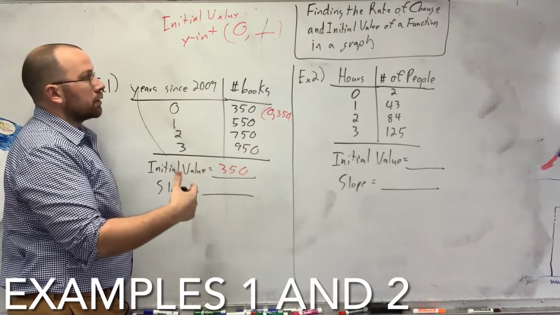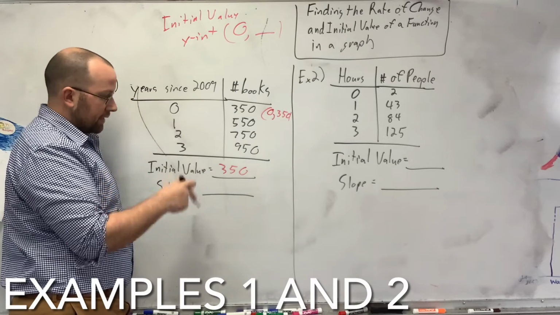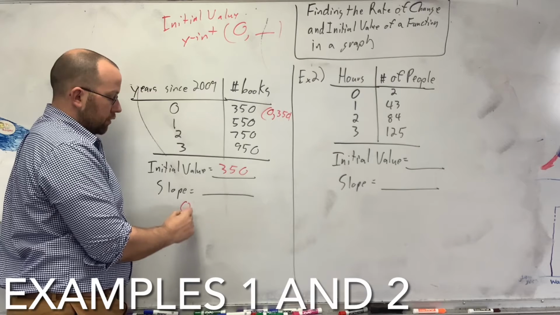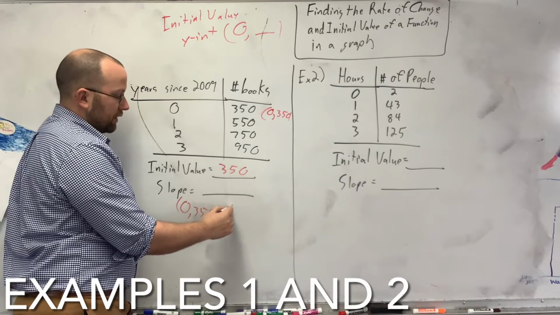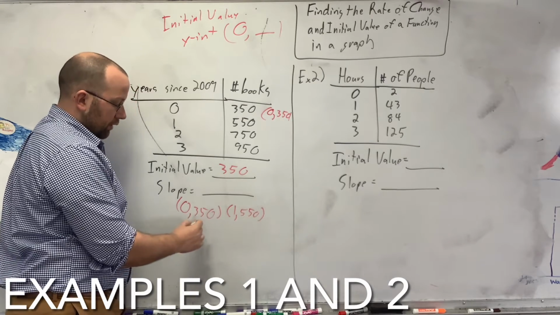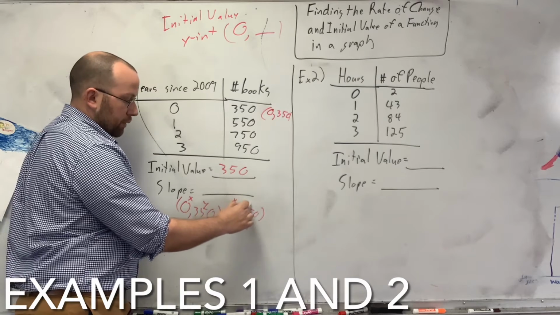Your slope, or the rate of change that you increase year by year, has to be constant. I'm going to choose these first two points, because we don't have a graph here. So 0, 350 and 1, 550. I call this 1, I call this 2, x, y, x, y.